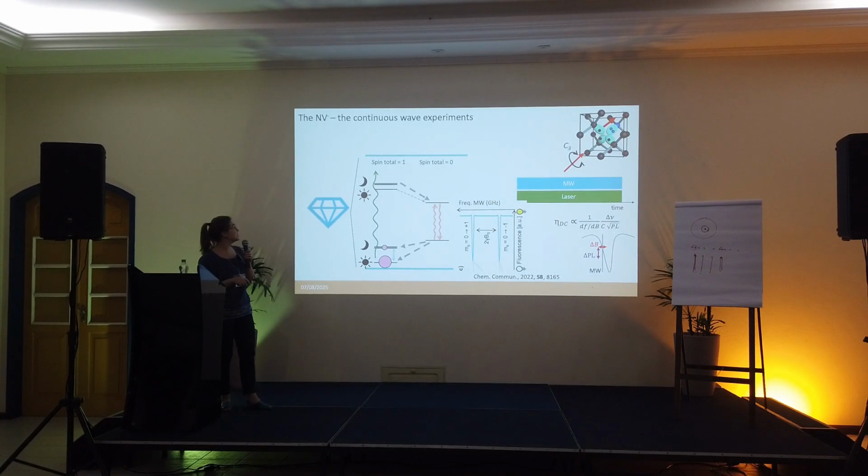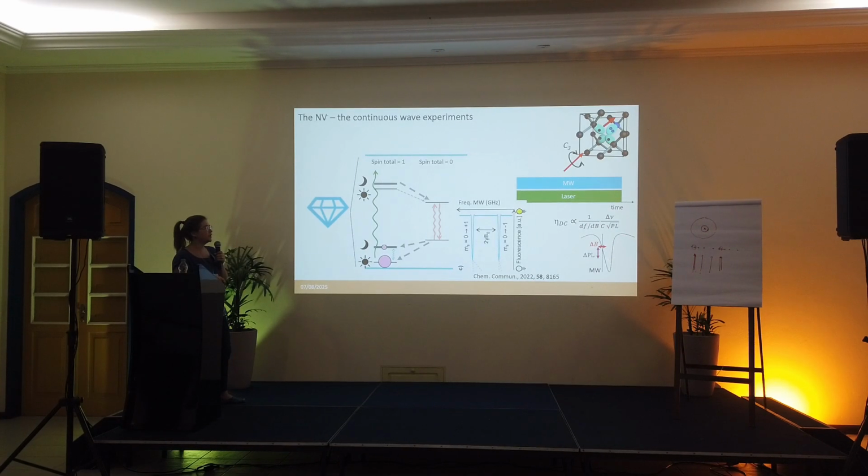I can use this to sense magnetic fields, for instance, and the sensitivity that I get, so how sensitive my sensor is, depends on, of course, how dependent the position of this resonance feature is with respect to the quantity that I'm trying to sense, right? So that's this derivative over here. The width of this feature, that's this guy over here. The contrast, so how different is my photon emission rate if I'm off resonance versus on resonance, that's the C over here.